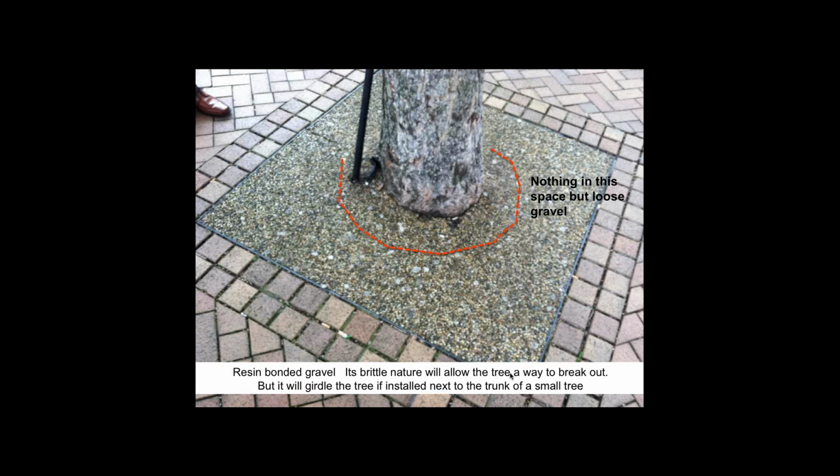And once I have a trunk flare pushing up, I can push this material out of the way. But if I don't, if the root ball is too low, so that the trunk flare is not pushing up, once I come in contact with this material, I'm very likely to be damaging the tree.